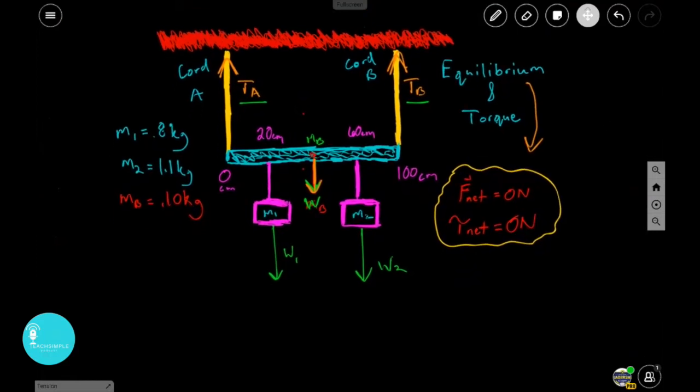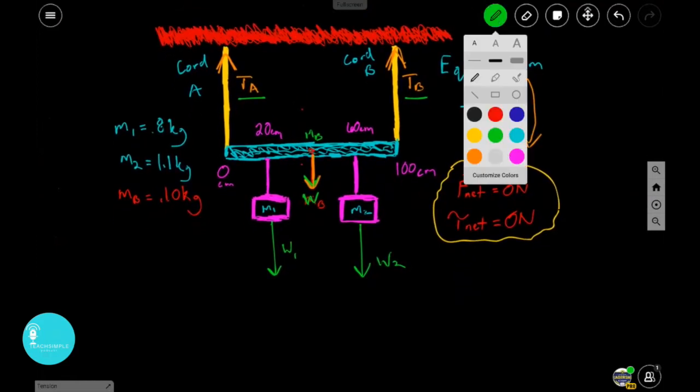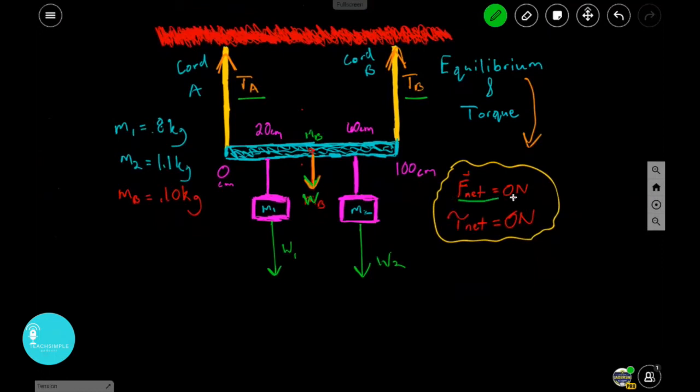So we always start off with the linear forces, the forces going in the x and y direction. Starting with the net x forces going left and right, we can see here that there are zero forces going left and right, so we don't really need to care about that.